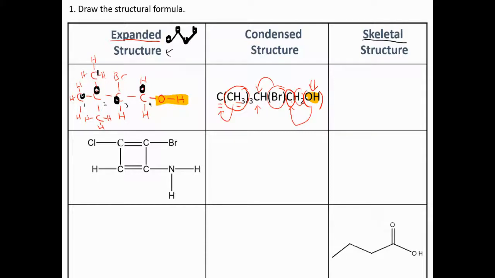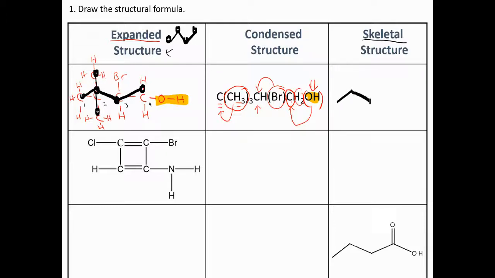Then we still have carbon, right? Carbon 1, carbon 2. Is there any more carbon? When there's no more carbon, it means that I can connect the dots. Just like that. So this is my skeletal structure. Not yet complete.